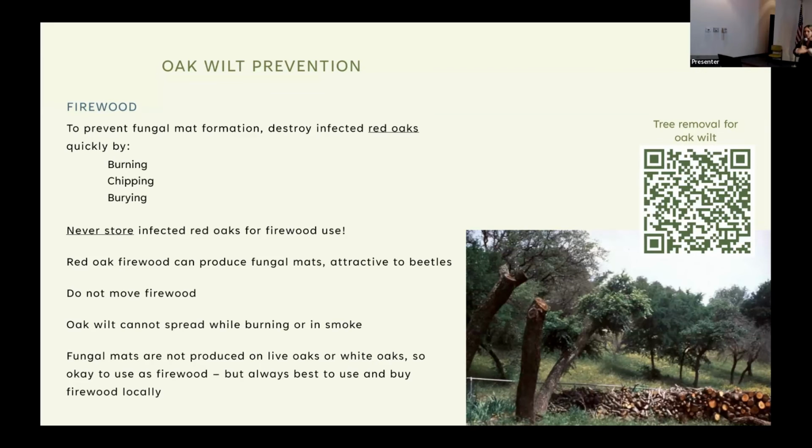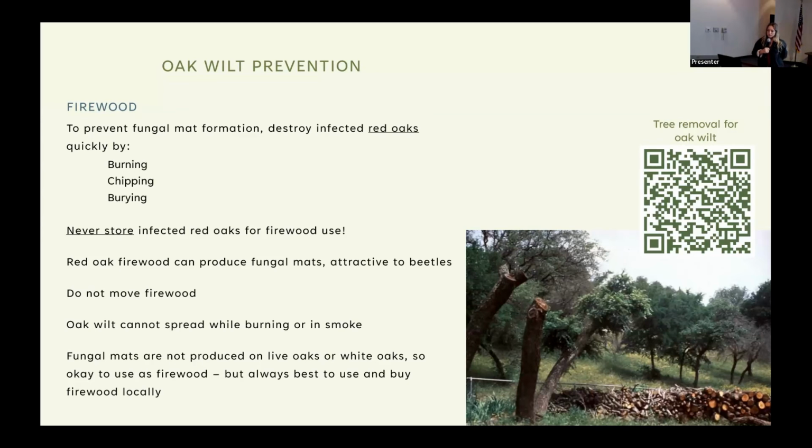and actually put something over it. In Kendall County, there's a brush site where they're trying to, I should ask them if they've been successful, but they're trying to process suspected infected red oaks quickly, like same day if they can, at that brush site. So that's a good resource if you live in Kendall County.